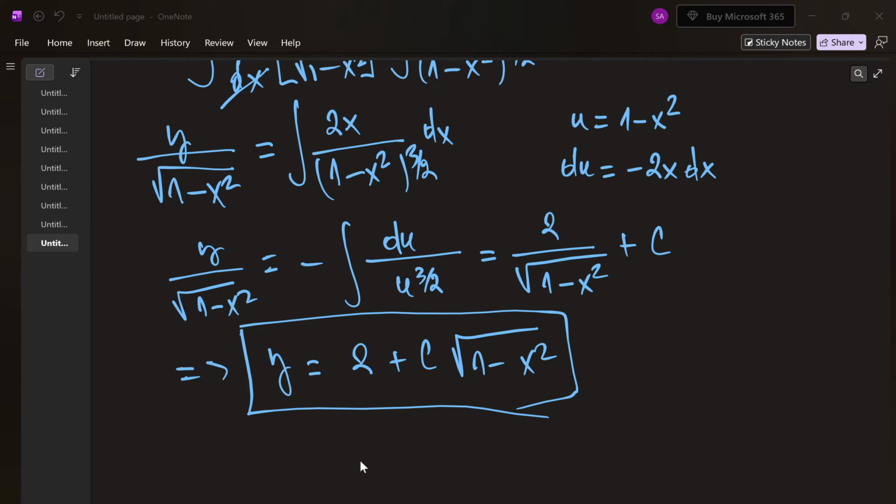So I advise you to use the method of integrating factor rather than the method of taking y as the multiplication of two functions u and v. Okay? Are there any questions before going to the next problem?